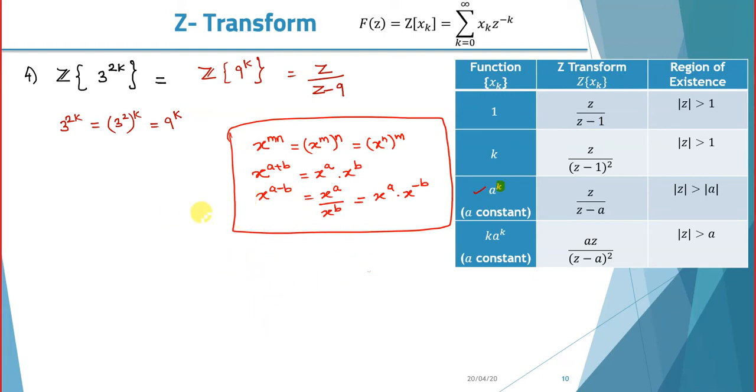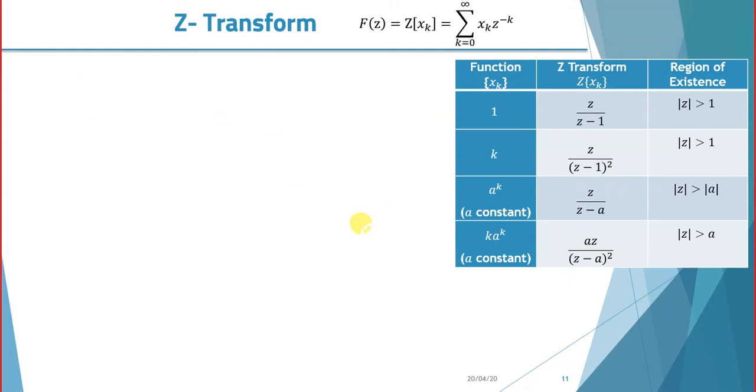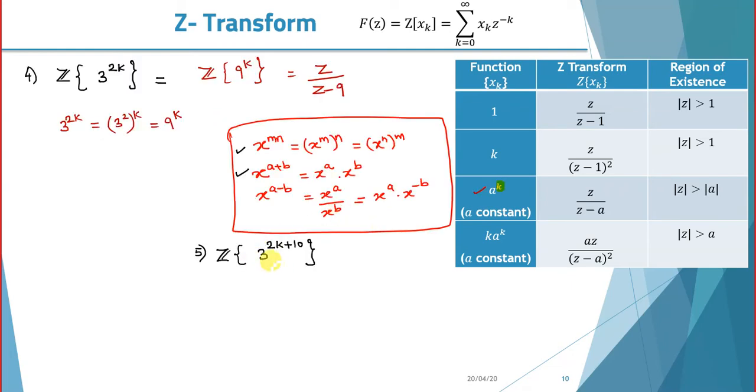Of these rules, suppose you have an example of Z transform of, say, 3 power 2k plus, if I write say 10. Then here you have to use both the rules together. First separate them. So you can write 3 power 2k plus 10.